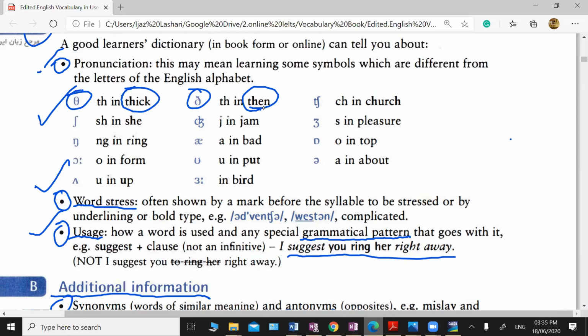Okay, now I want to ask you, what is word stress? We studied it yesterday. I gave you the example that word stress changes the meaning of the word, like the word produce. The farmer produces different crops.